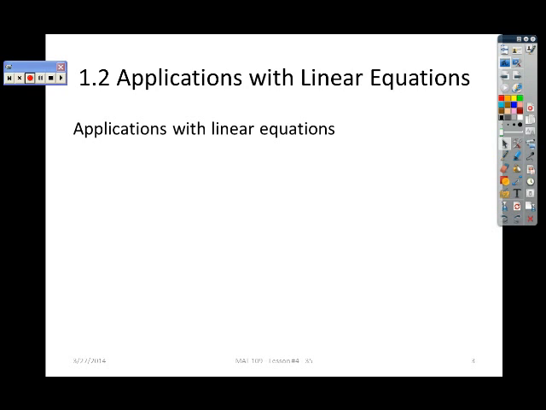We looked at one type of problem, application problem, yesterday. We're going to look at a couple more starting today. We're still talking about generally linear equations.